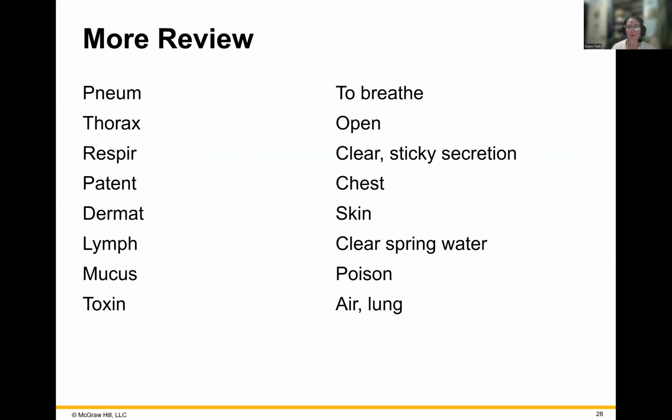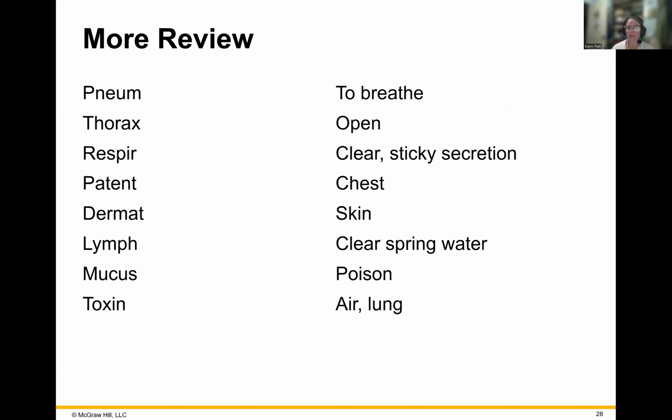So we have some more review here. You guys can look at these. So here we have pneum, thorax, respir, patent, dermat, lymph, mucus, toxin. These are all either root words or they are unique words. They are not all lined up.